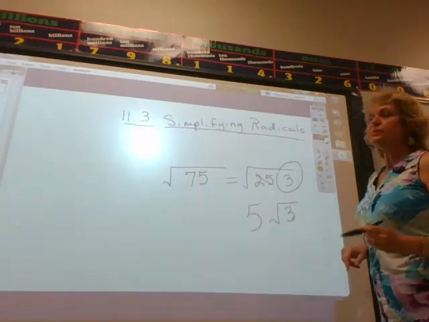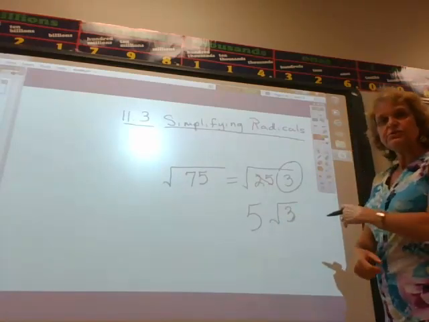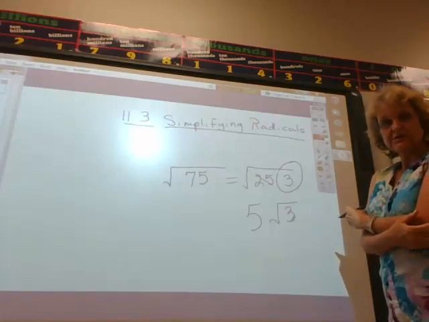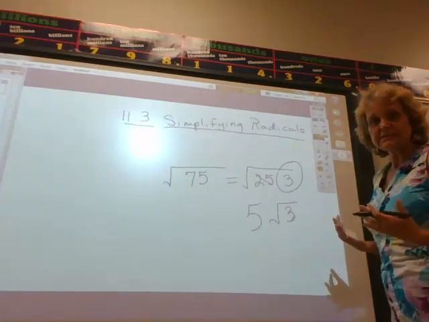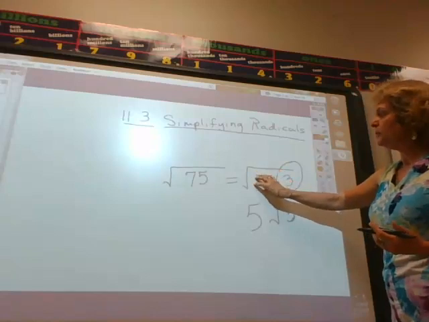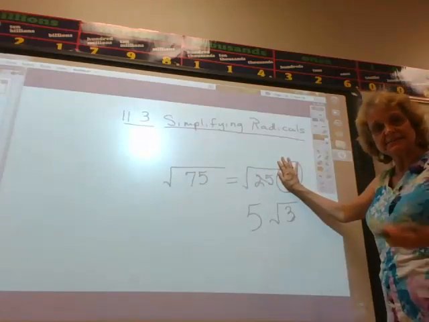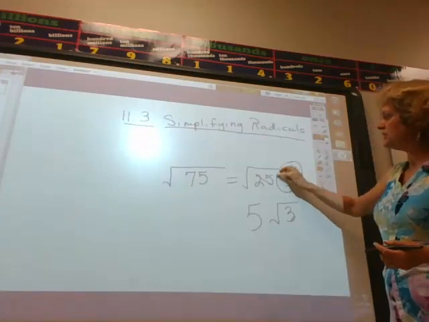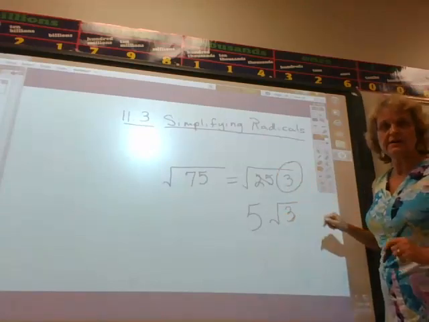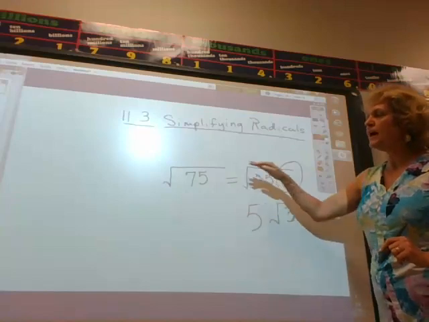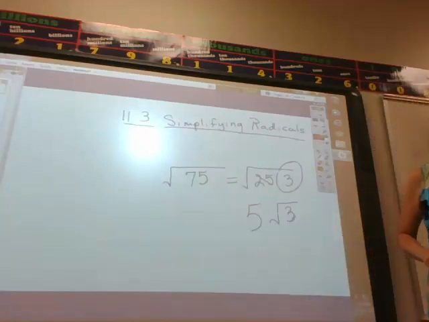Okay, so the book will show you a little different method. You can certainly read through the book and do it their way. I have found this to be helpful. When I write the perfect square factor first, I can quickly see that that comes out. And then whatever's stuck underneath, you just still keep with the radical. So now I have simplified radical 75.